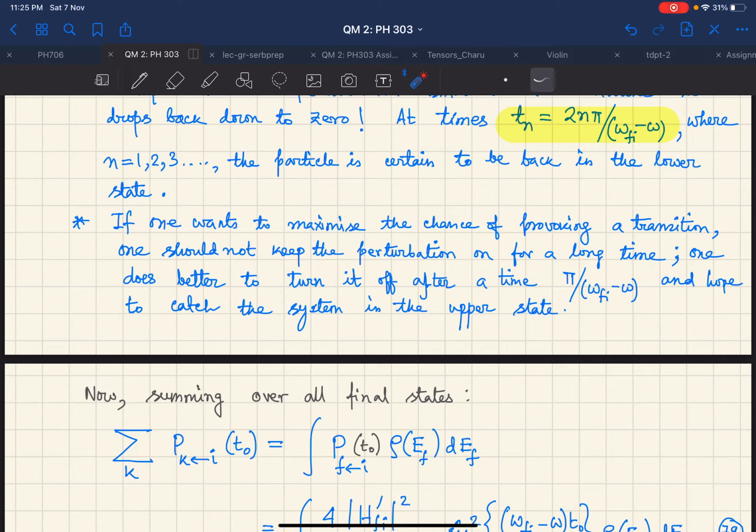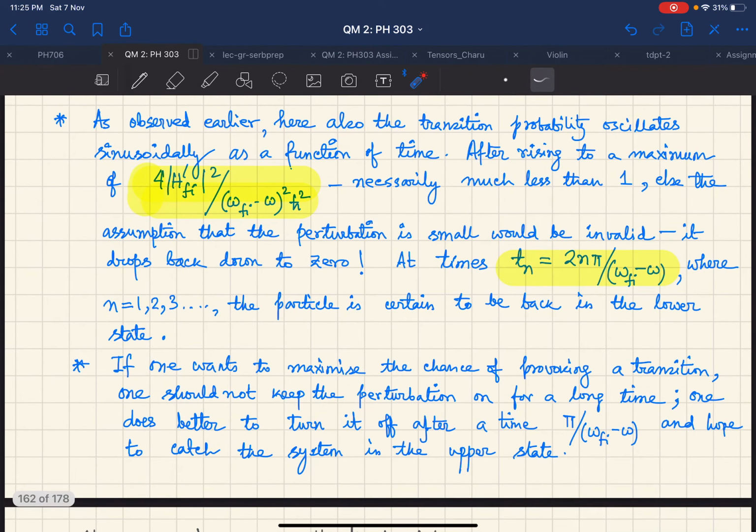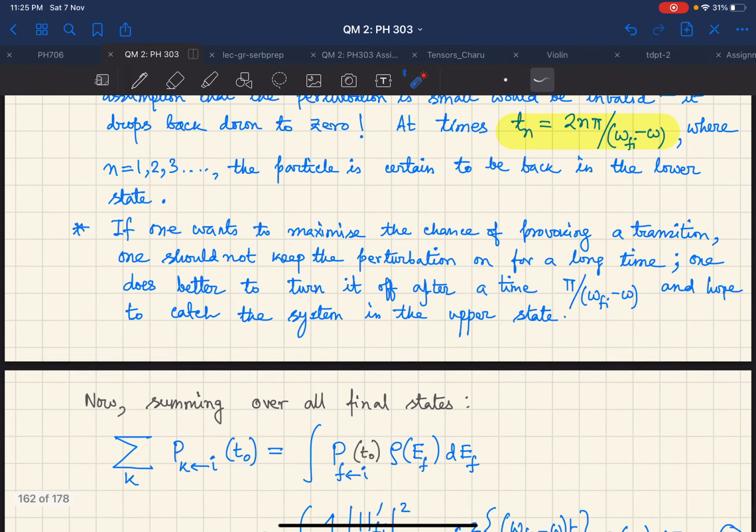You will get a better result if you only turn on the perturbation for a time duration of pi by omega Fi minus omega, which is half of this time. If you take half of this time, then you are certain that this state is somewhere here. So that is another interesting feature of this perturbation.